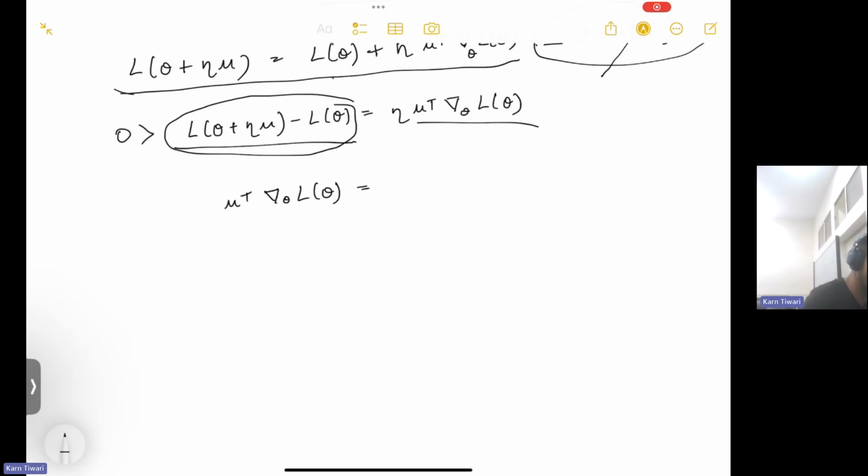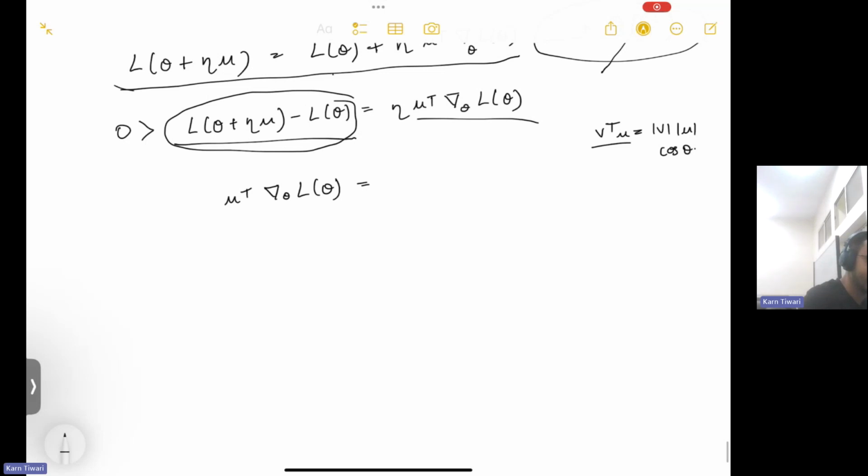As we know, v transpose u can be written as magnitude of v times magnitude of u times cos theta, where theta is the angle between v and u. This is negative if cos theta is negative, which happens only between pi by 2 and 3 pi by 2. So this theta should be between that.